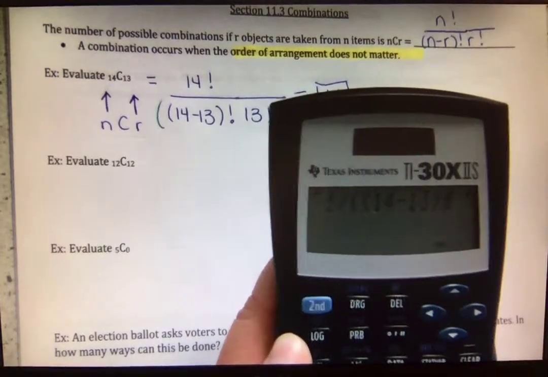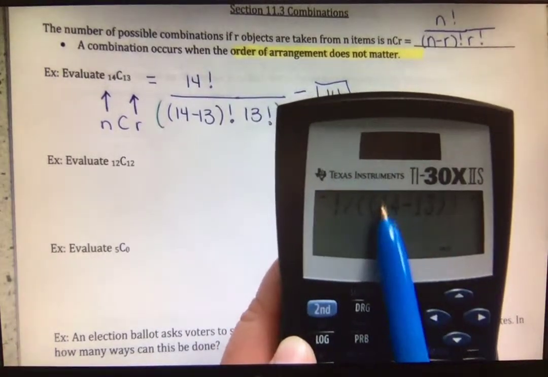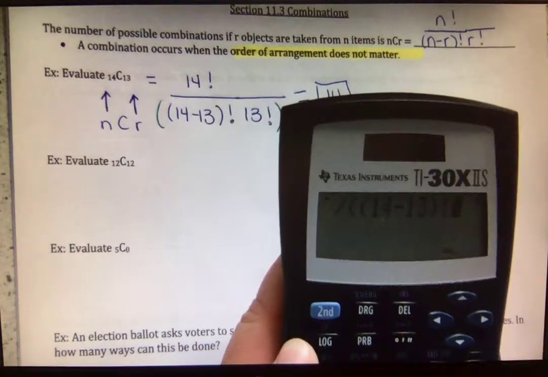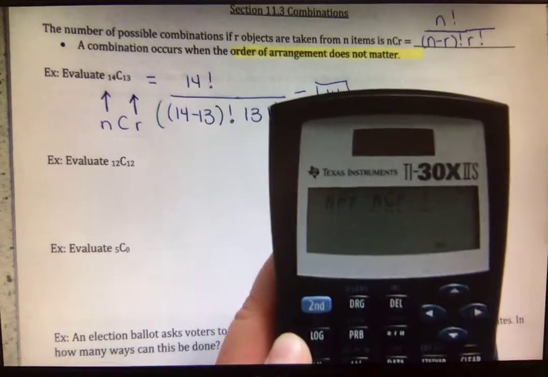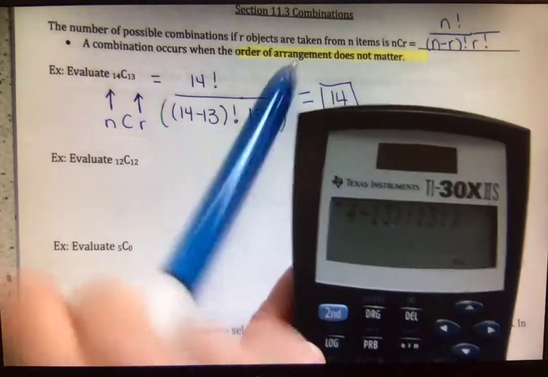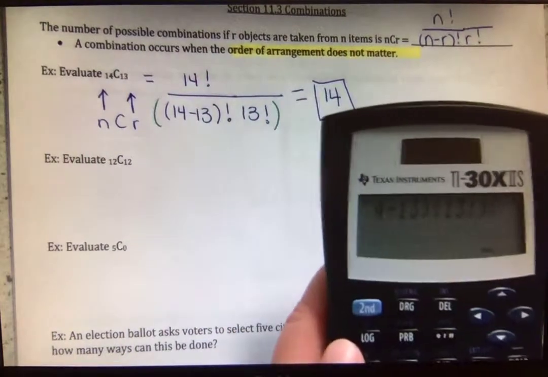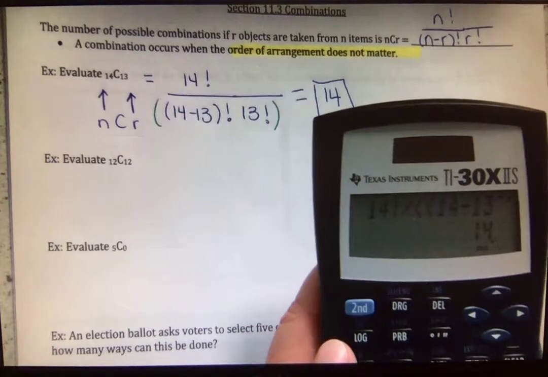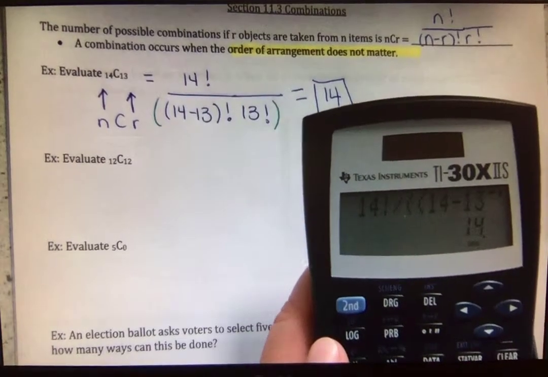So that's the one that we closed from this one. Factorial times 13 factorial, and then closing the second bracket, which was the green one on our paper. And then we should get 14. Thank you. What else?